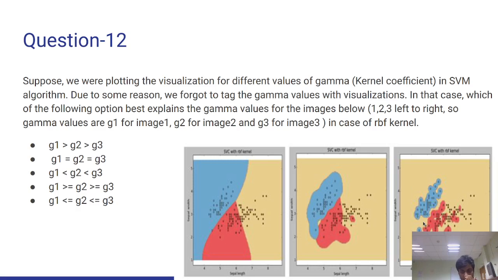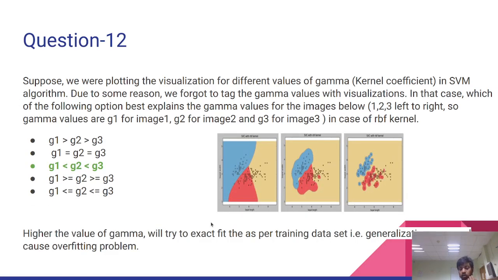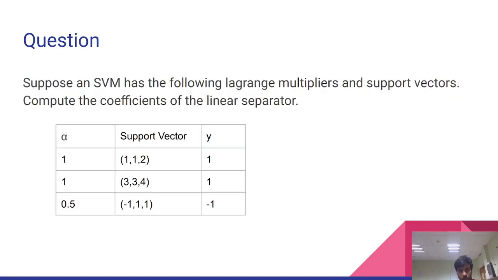You have to decide on a spot that is not underfitting, able to generalize properly, and also not overfitting. It is covered in the lecture, in week 4, under kernel coefficient. Thank you, sir.